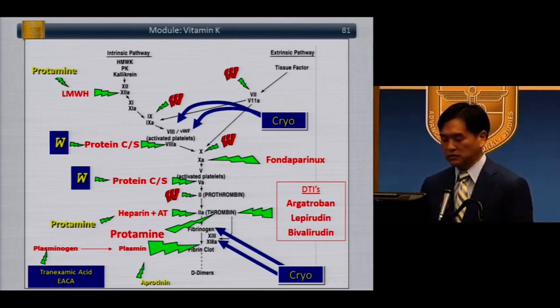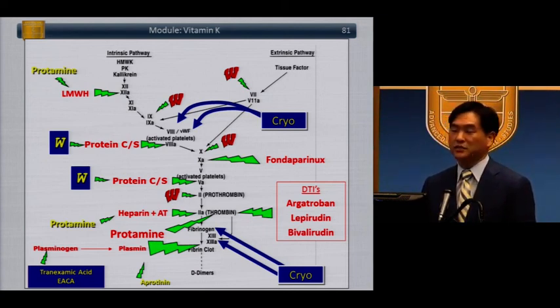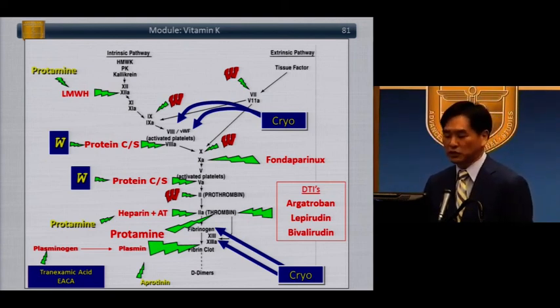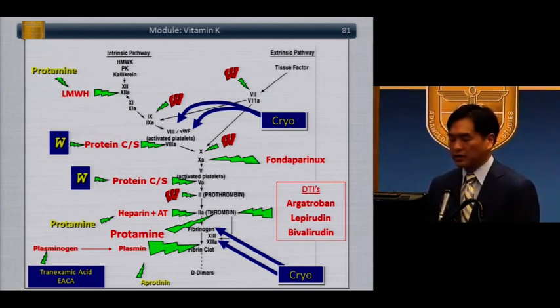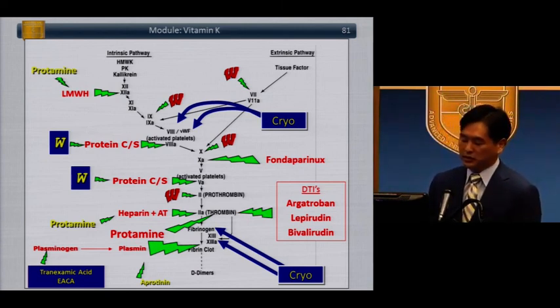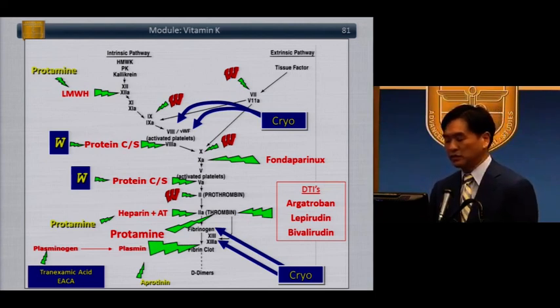Cryo will help you clot at these areas because it has fibrinogen in it. It has factor 13. It has von Willebrand's factor. It has factor 8. It is the first-line treatment for nothing, but second-line treatment for deficiencies in any of those things. Okay? DTIs, in contrast to heparin, argatroban, lepirudin, bivalirudin, we can add dabigatran in here.